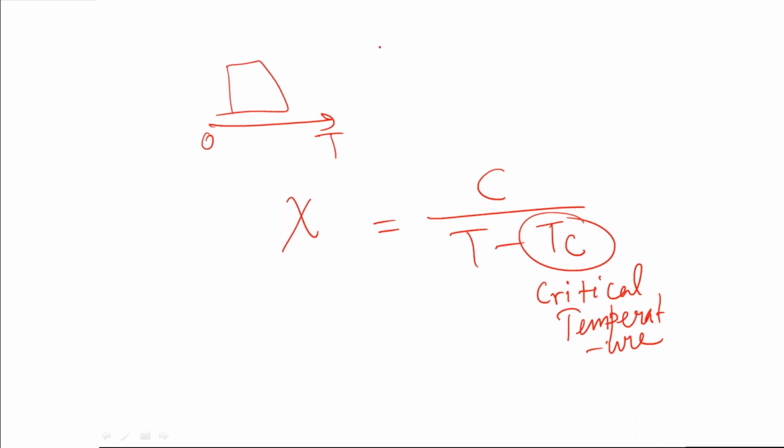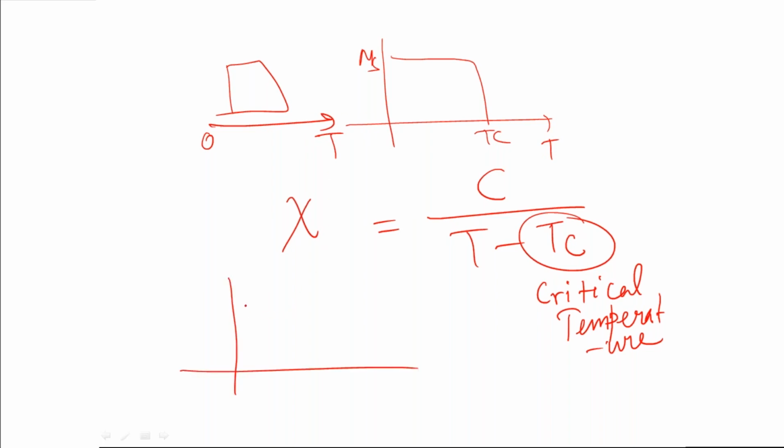So I'll draw the graph. It will be like this. Suppose this is Tc. This is Ms. This is magnetization versus temperature. Now if I draw chi versus T, look what happens.